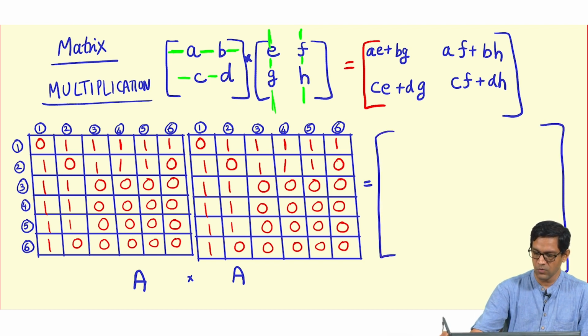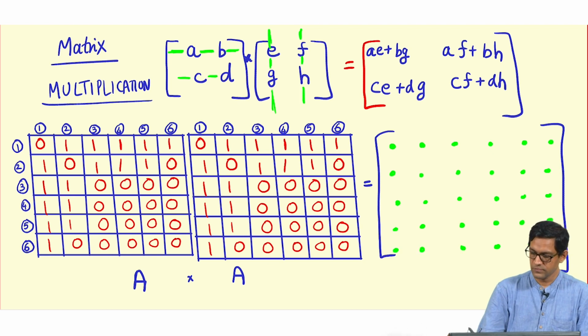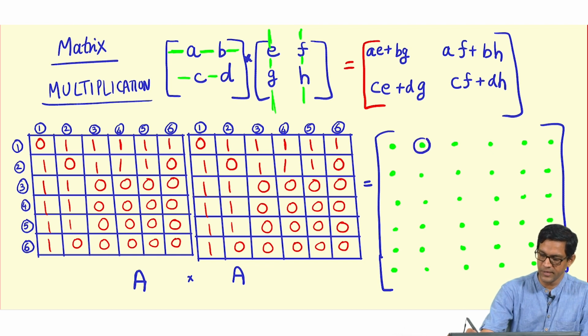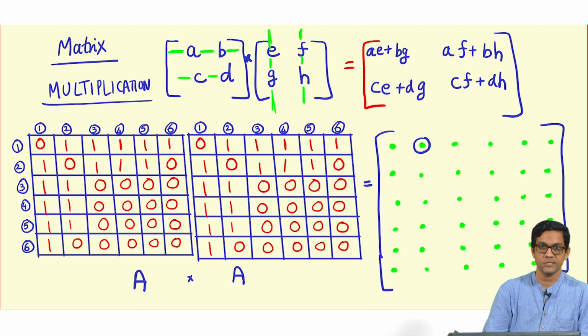The answer is going to be a 6 cross 6 matrix, but I am interested in just one of the entries for the moment, the entry in the first row and second column. So, how does one obtain this element in the first row, second column?